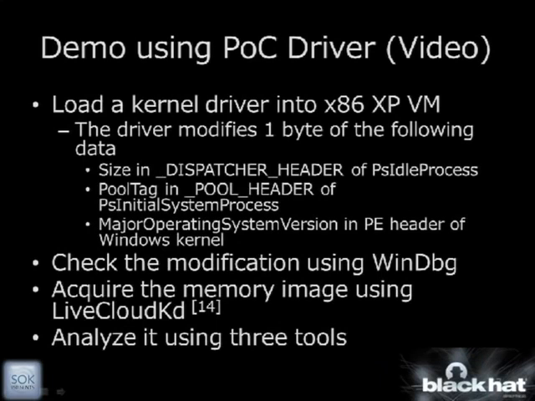The driver modifies 1 byte of the following data: size in the dispatcher header of the idle process for Volatility, pool tag in the pool header of the system process for Memorize, and operating system version in the PE header of the Windows kernel for Responder. Next, check the modification using the debugger, then acquire the memory image using LiveCloudKd. Finally, analyze it using the 3 tools.